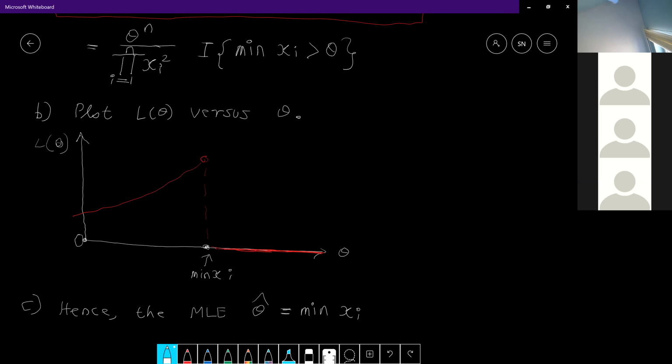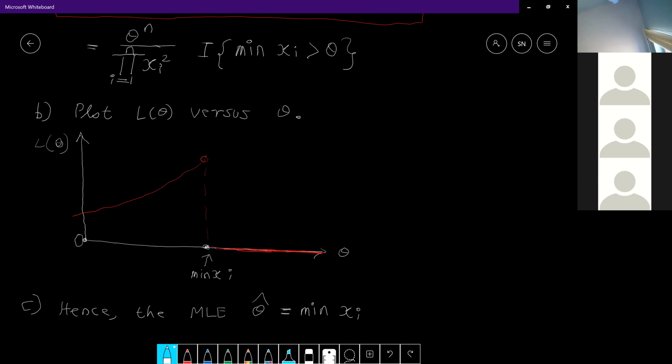Any questions, guys? So after the break at 1 p.m., I will talk about how to do the MLE when you have more than one parameter, because so far we only looked at cases where the distribution has only one parameter, theta. Now suppose the distribution has more than one.